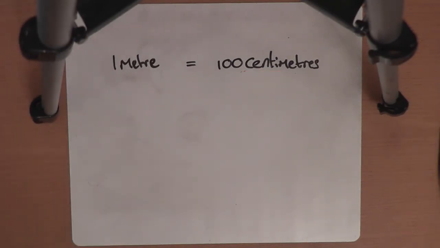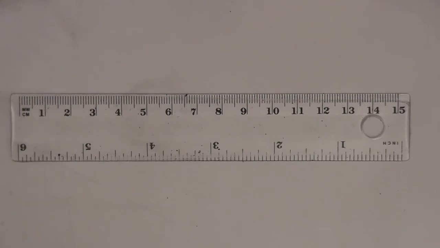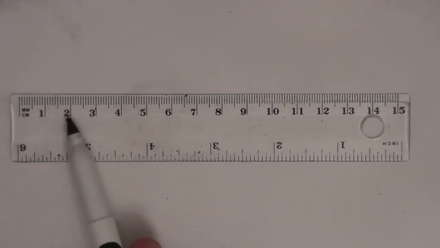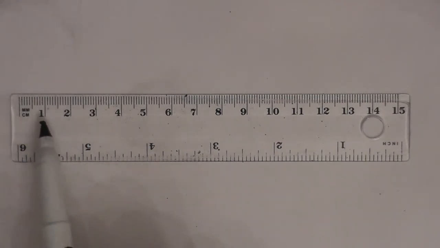If we now look at a ruler, this 15 centimetre ruler, for example, we can see that between each of the centimetres, so that's the 0, the 1, the 2, the 3, the 4, the 5, and so on, between each of those are little lines. How many little lines are there between each one? Well, to get from any given centimetre to the next one, we have to make 10 jumps.